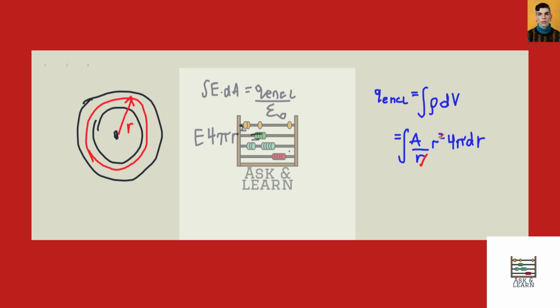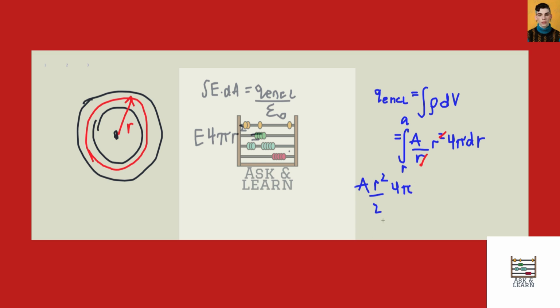So that cancels that, and then we can pull our 4 pi out. And the bounds of our integral are from r to a because that's where the charge is. So it's just the integral of r. So the integral of r is r squared over 2. And then we still got this solid angle 4 pi factor hanging out.